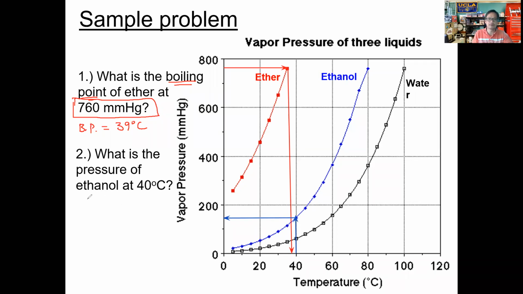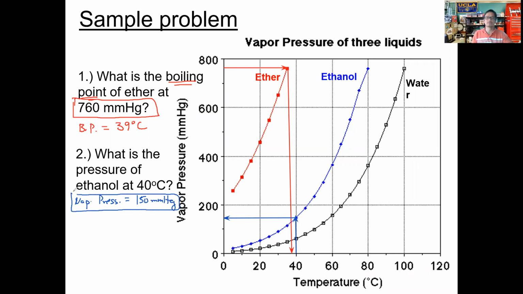So the pressure of ethanol at 40 degrees Celsius is the vapor pressure. Let's write this down. The vapor pressure of ethanol is going to be equal to about a little bit more than 150 millimeters of mercury.